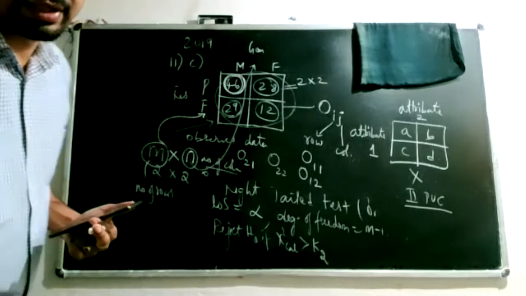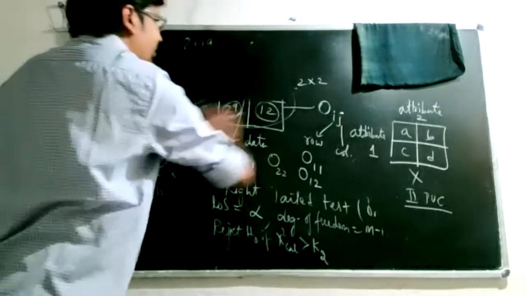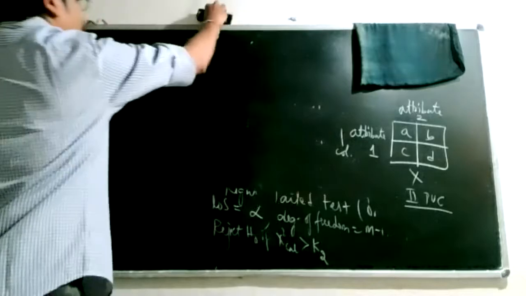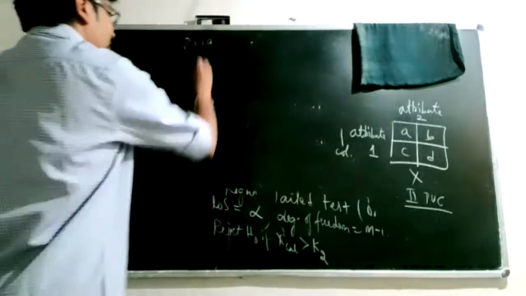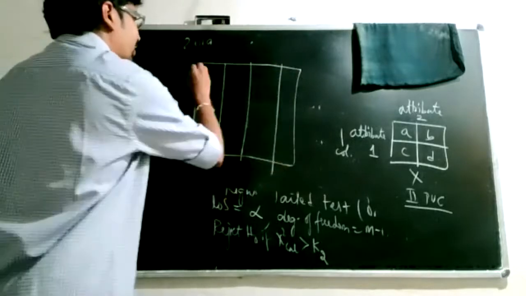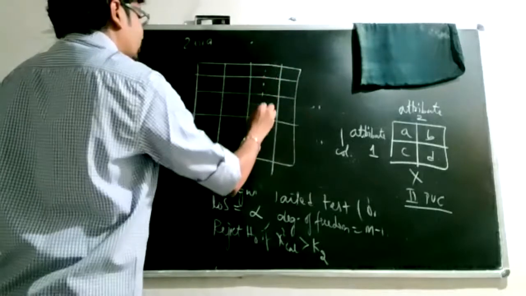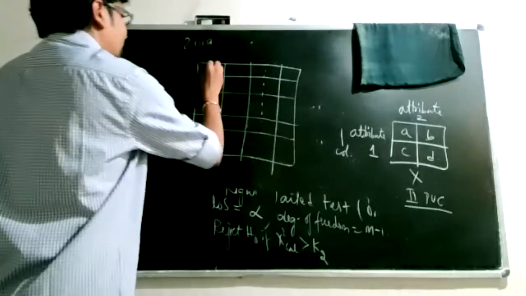Okay, so you can speak now. In general, if you look at a general table, you will have m rows and n columns. But you need not worry, because we'll only give you at the most 3 cases.